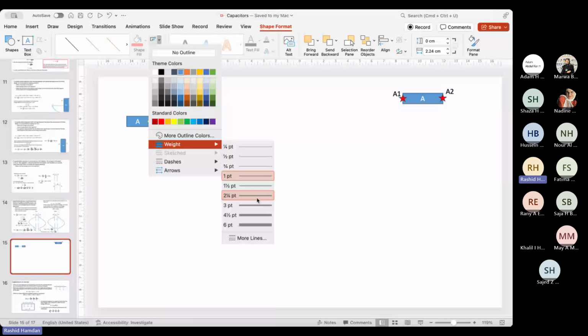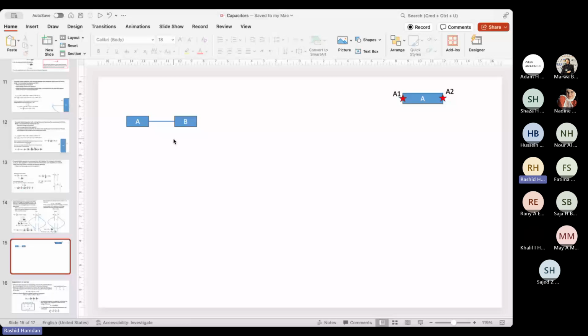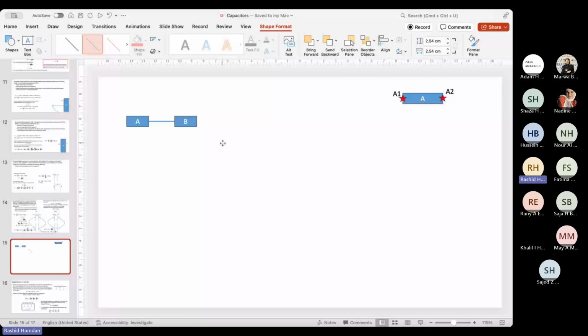So the charge that leaves A2 has only to go to B1. So the connection between them is a straight connecting wire. And other sides could be connected to other parts of the circuit. So I can connect this to this here and this to something else. I don't care what they are connected to.